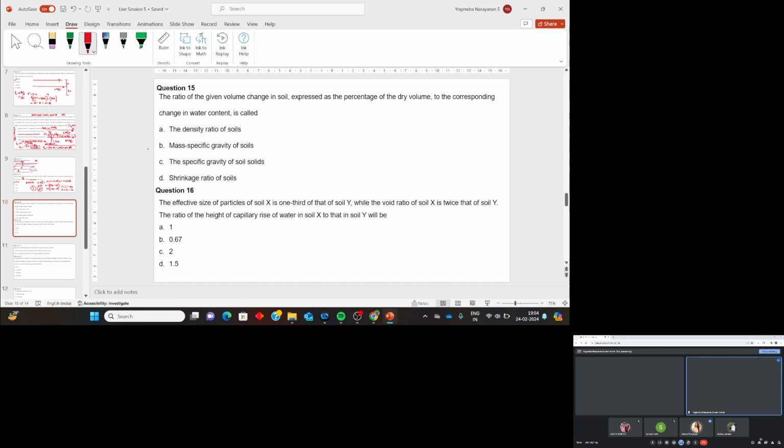What is the relation for shrinkage ratio? V1 minus V2 by Vd by W1 minus W2 into 100. Another thing is, when this is under dry condition, it will be equal to mass specific gravity, shrinkage ratio.